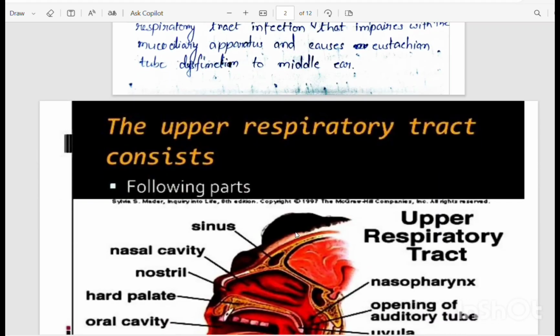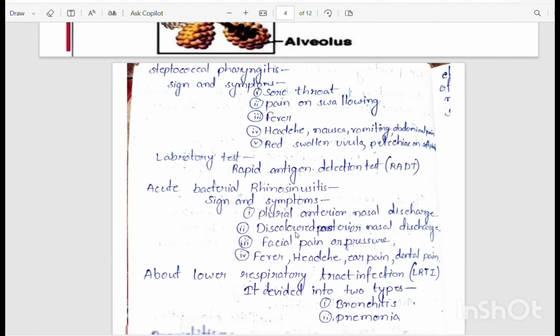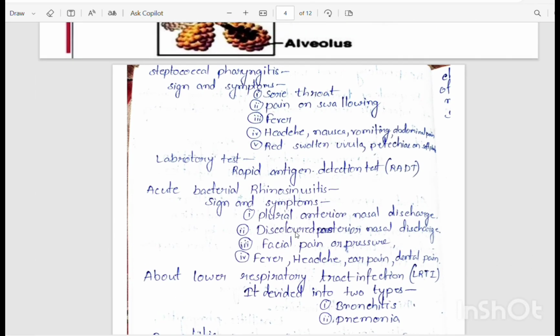Now we will see the signs and symptoms of streptococcal pharyngitis. The symptoms are sore throat, pain on swelling. If any place gets swollen, there you can feel the pain. The person suffers with fever, headache and nausea.